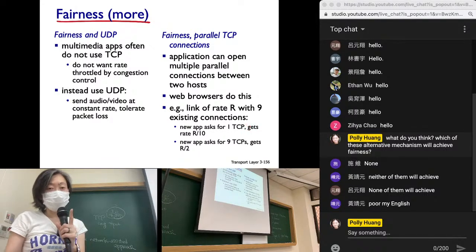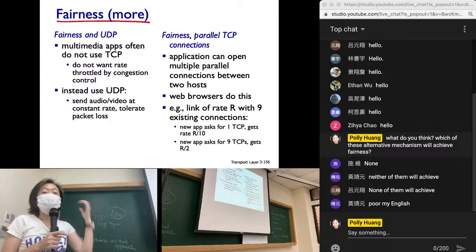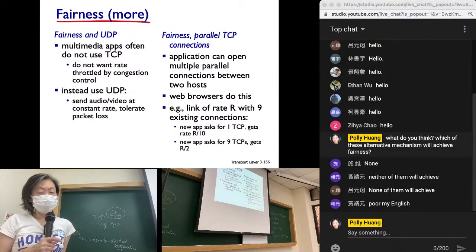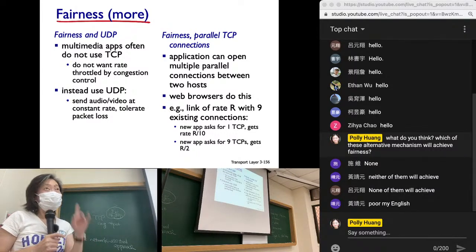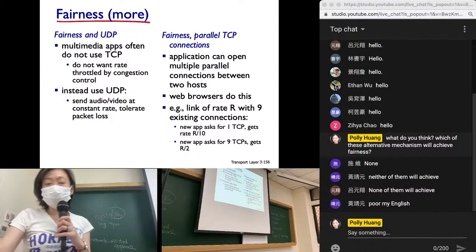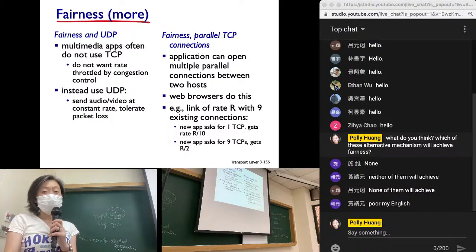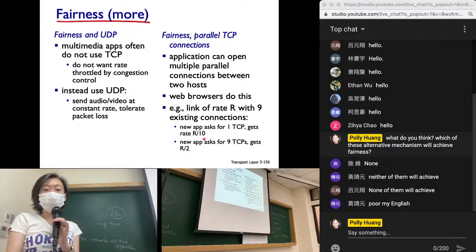Then this new application, as well as this new TCP connection, gets only 1/10 of R. But if we start the new application and start 9 TCP connections in parallel, well, each TCP connection gets how much? 1/18 of R, right? But this application here gets how much? 1/2 of R.